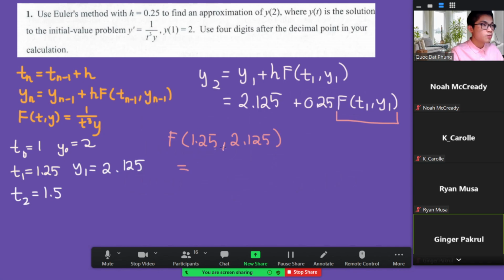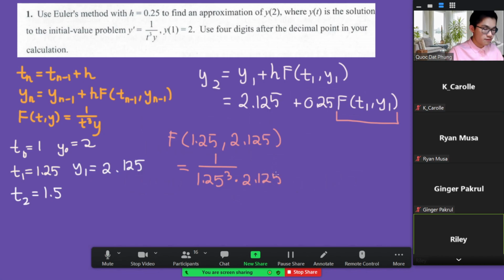So we have to find this, and we're finding this using y prime, if that answers your question. So y prime is this, and in the textbook they use this, but this is essentially y prime. Now we need to plug t and y into here, so we get 1.25 to the power 3 times 2.125. Okay.